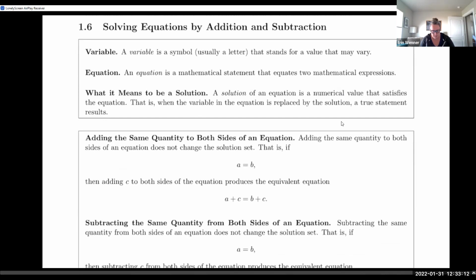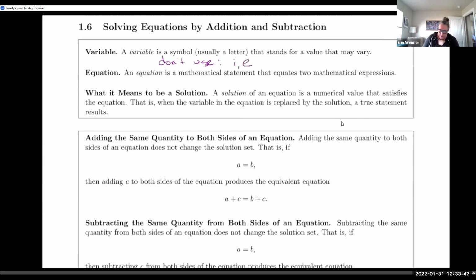A variable is a symbol, usually a letter, that stands for a value that may vary. Obviously these are normally letters, but there are letters we don't use for variables. One is the letter i, because i is a number. It's called an imaginary number, and it's equal to the square root of -1. We're not going to get into that in this class, but I want you to know why we don't use the letter i.